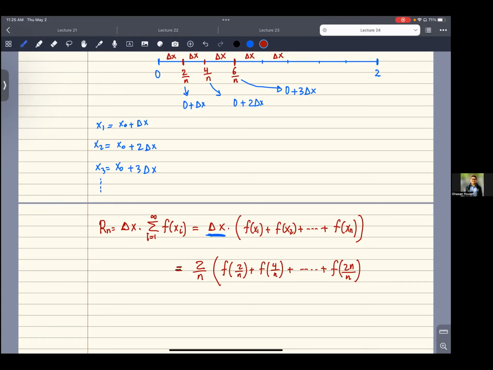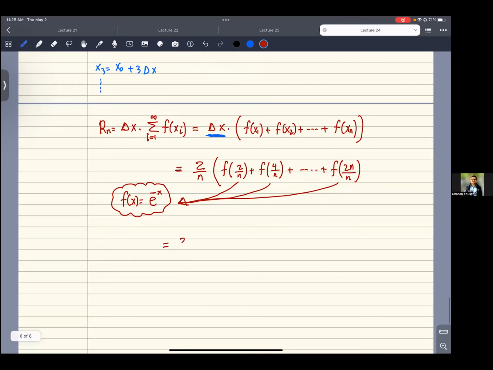Okay, what is f of 2 over n? What is the function here? By the way, f of x, the function, is what? e to the minus x. This is my function. So you plug all of these values inside this function.